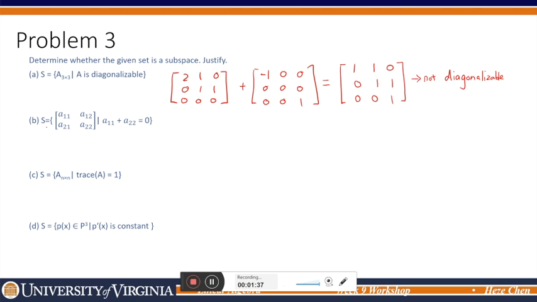B. S is the subset of all 2×2 matrices where A11 plus A22 is equal to 0. Since A11 is equal to negative A22, according to the condition here, we can substitute A11 with negative A22.